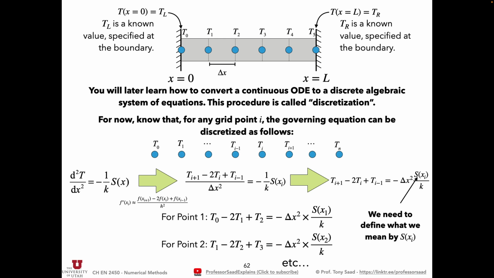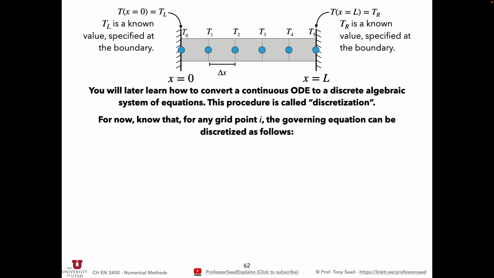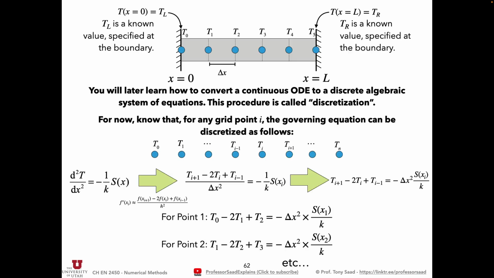Now you can see, hopefully, that this is a linear system of equations with unknowns going from T1 to Tn minus 1. Of course, I'm including T0 and Tn. We know the equations for those, so I'm going to include them in the system as well. Okay. And then in the lecture, I asked the question, okay, so what is S of x1, S of x2?